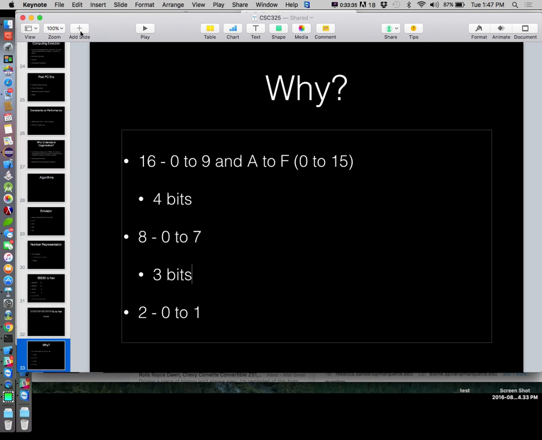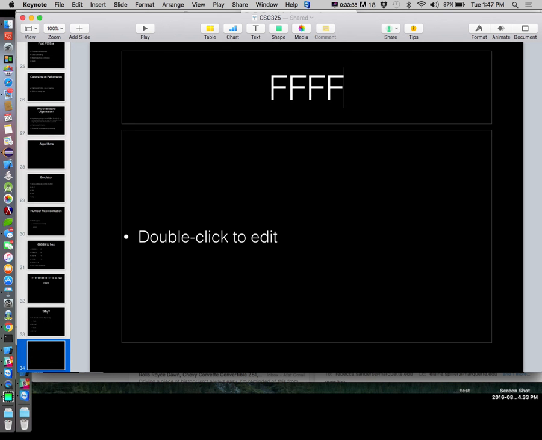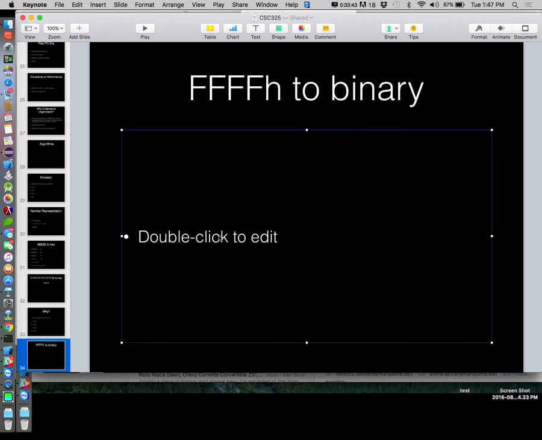Similarly, how would I convert FFFF from hex to binary? Well, right off the bat, I know I'm going to need how many bits to represent this value?